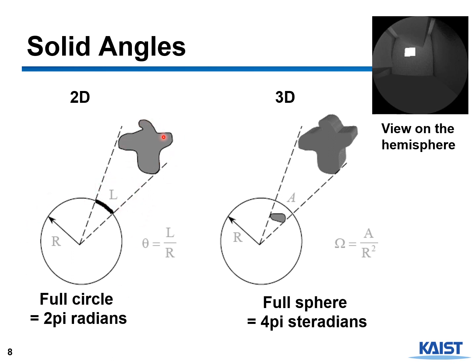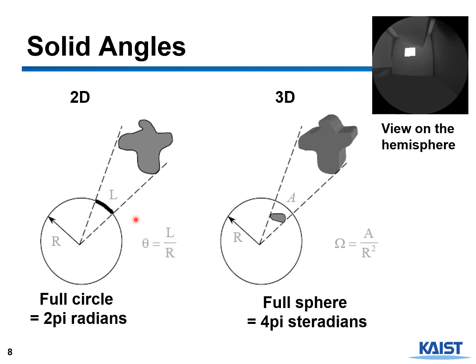If this is the light source, then as the projected length L gets bigger, we can get more and more energy from that light source. That's why it's very important to measure the solid angle. In this case, the solid angle is defined as L divided by r.